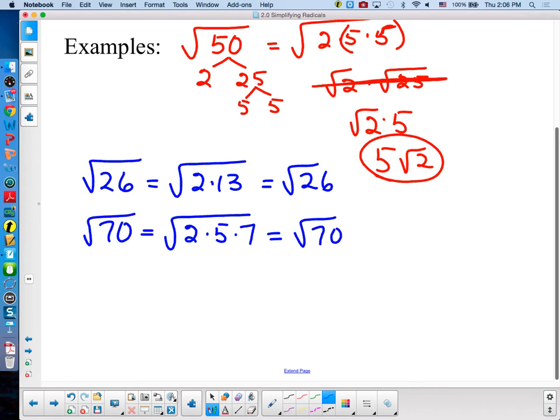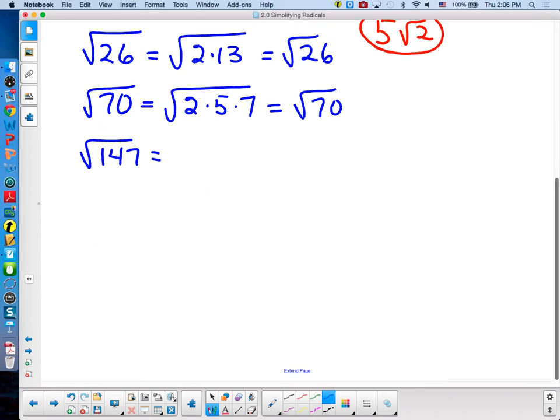Okay, what's something that had duplicate factors? The third one was 147, and that has a duplicate. So from our bell ringer, square root of 147. What was our factoring on 147? 3 times 7 times 7.